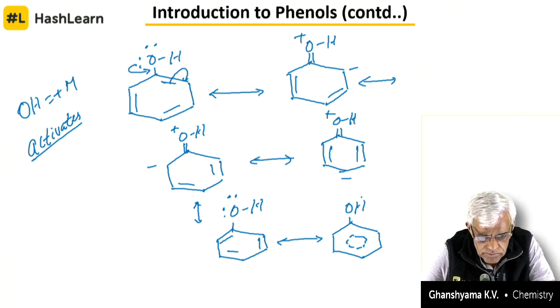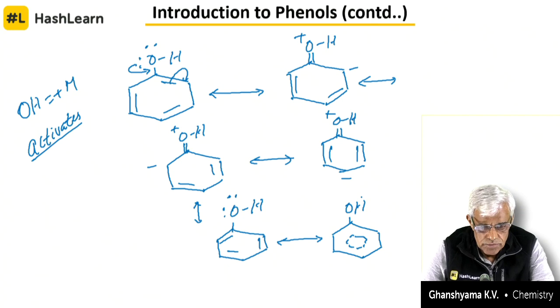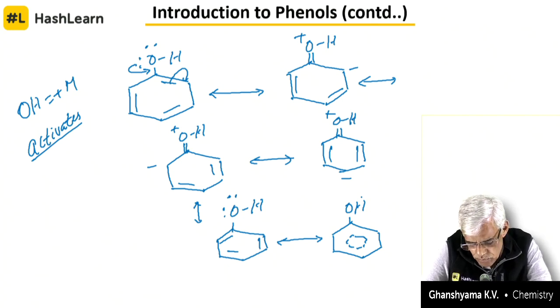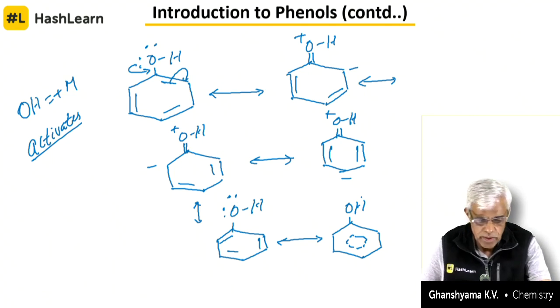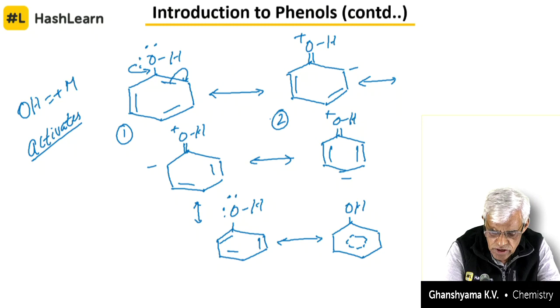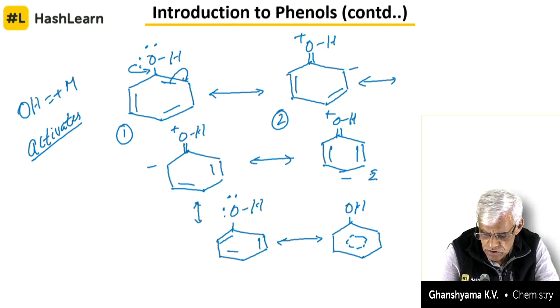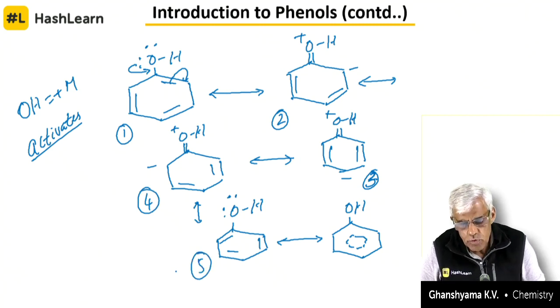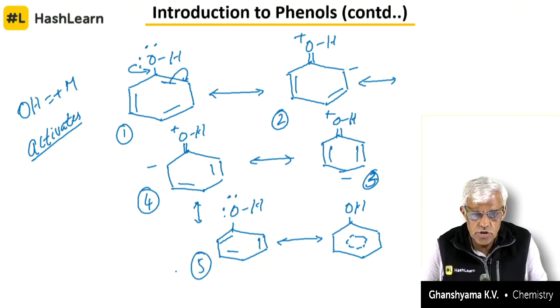The question is, Radhika, Raghu, Vishwas Gowda, all of you, one question. There are 5 resonating structures for phenol, 4 plus 1.